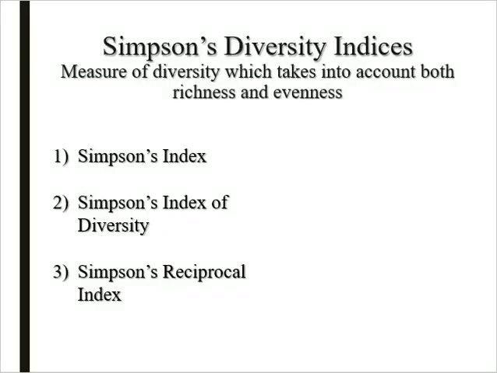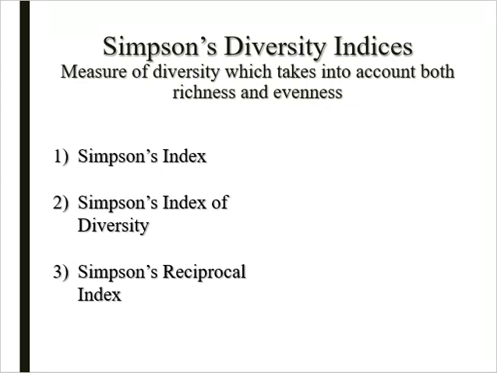So another major index type that's used, besides Shannon, which is the major one, is Simpson's Diversity Index, actually properly stated, Simpson's Diversity Indices. In general, this index is a measure of diversity which takes into account, as with Shannon's index, both richness and evenness, and it's a type of dominance index.